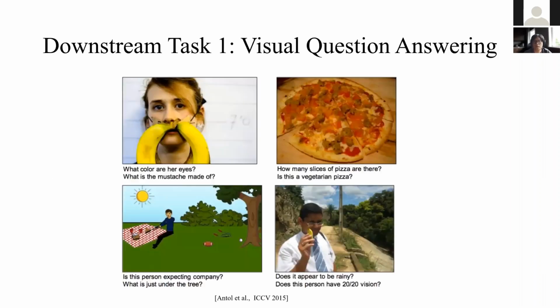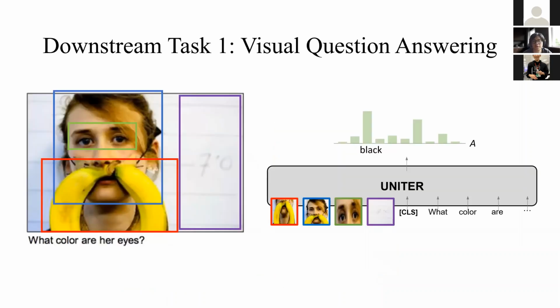So let's continue to the downstream tasks. We will first introduce a common downstream task in the vision and language area, and then we introduce how to apply the pre-trained models for fine-tuning on each of them. First, I believe everybody is very familiar with VQA now after attending this tutorial.